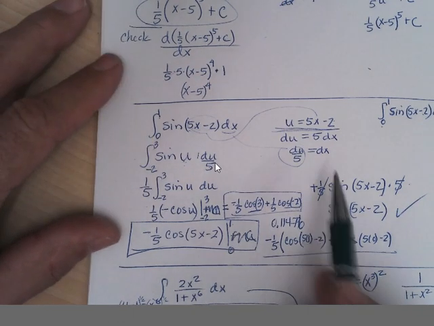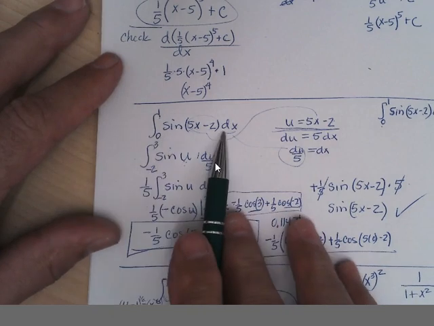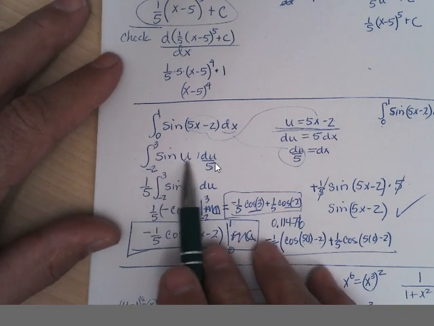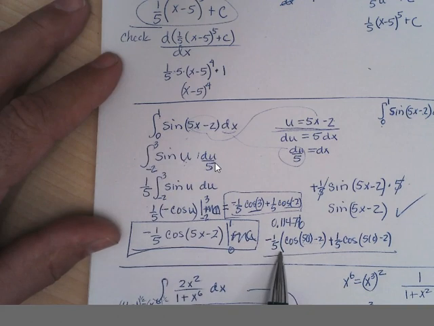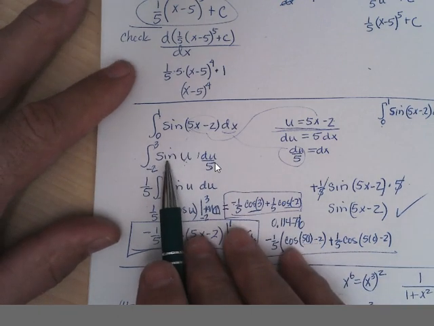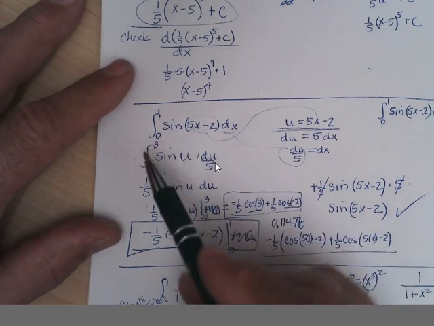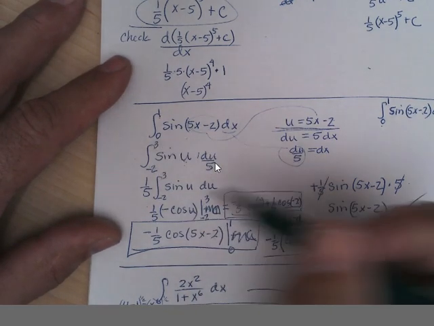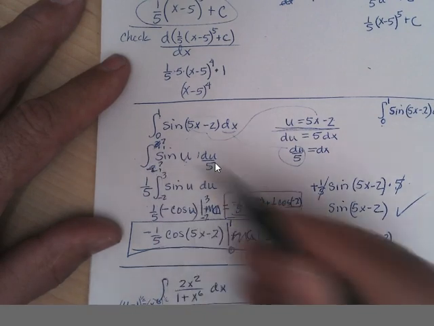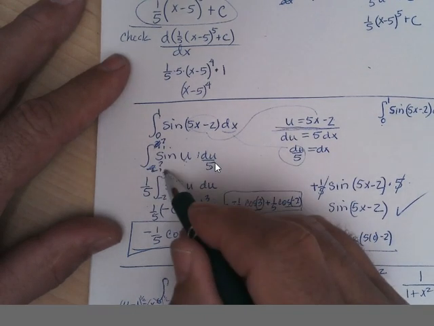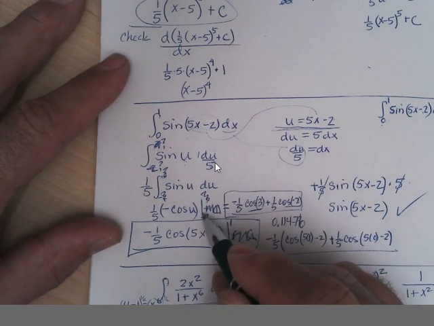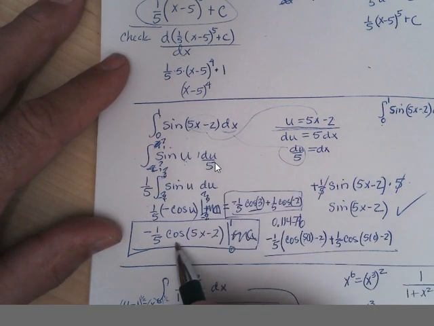So when you're doing a definite integral and you do a u substitution, once you change the limits for the u, you don't have to go back to x. If you don't want to figure out what the limits are, you could just say, oh, I don't know what it is, and keep working here, I don't know what it is, get down to here, and go back to the x's.